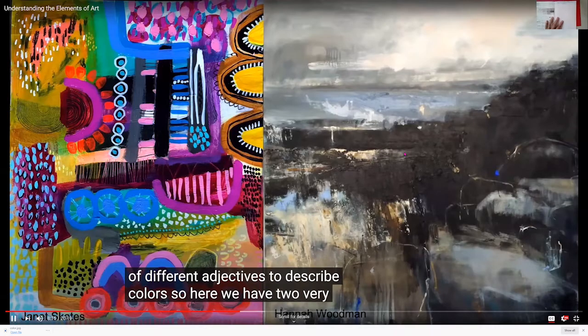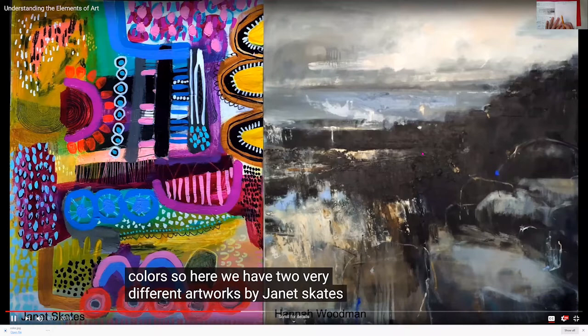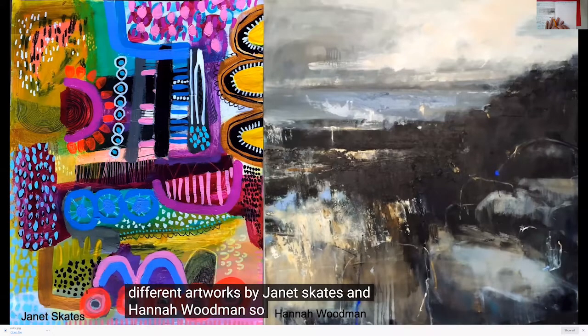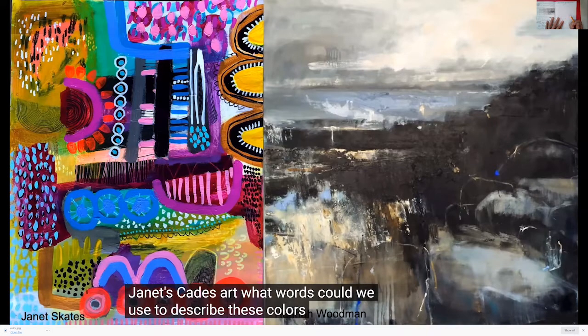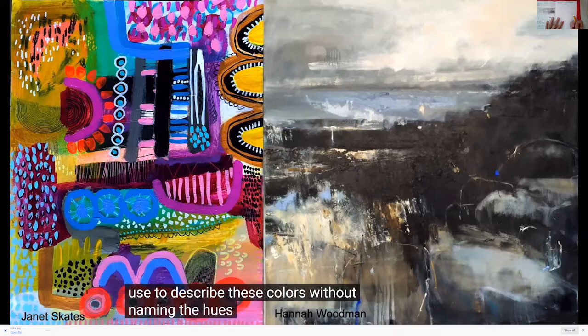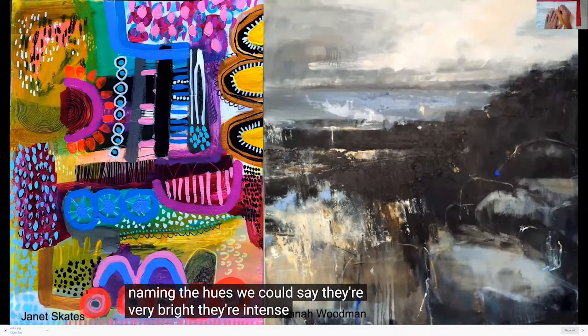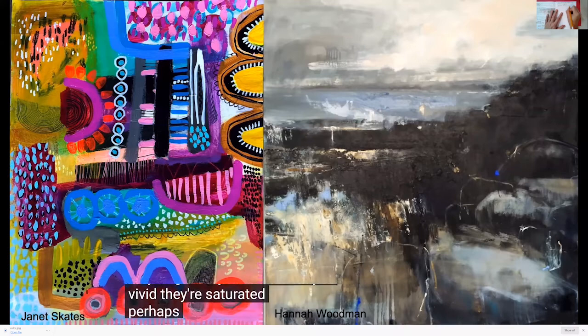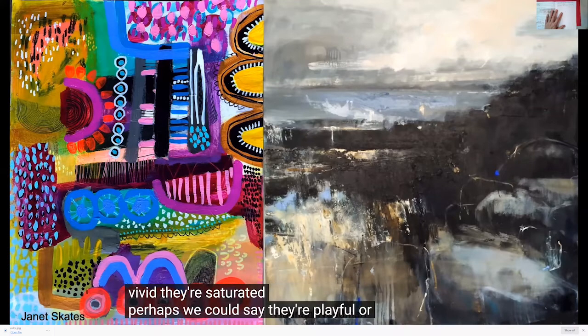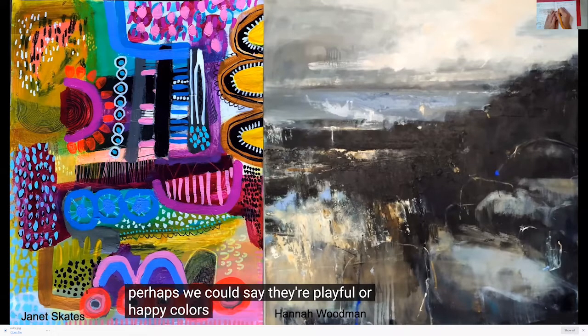So here we have two very different artworks by Janet Skates and Hannah Woodman. When we look at Janet Skates' art, what words could we use to describe these colors without naming the hues? We could say they're very bright, they're intense, they're vivid, they're saturated. Perhaps we could say they're playful or happy colors.